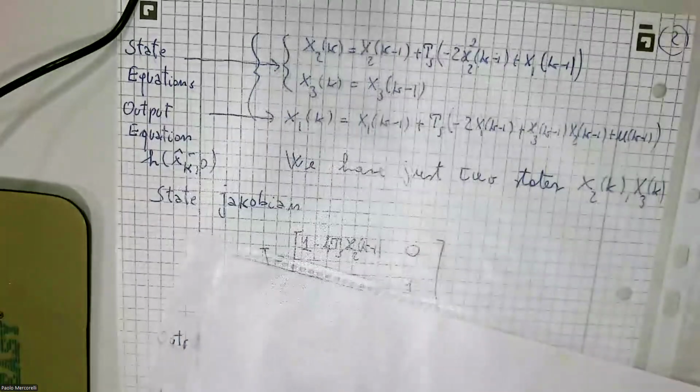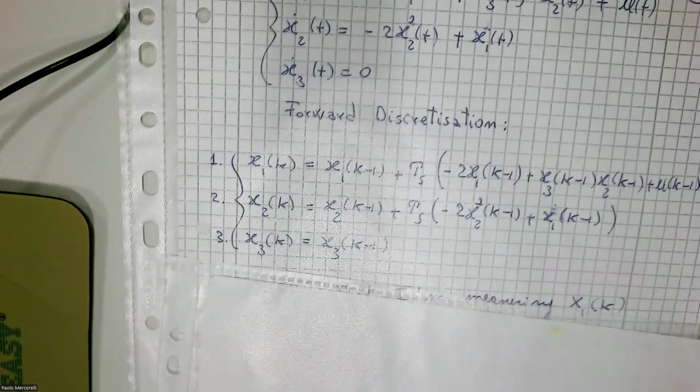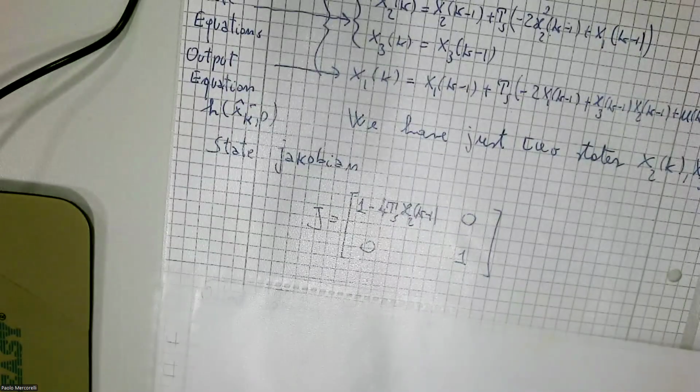I didn't check the observability here, but believe me, if you check the observability of this original system, you will realize that the system is observable. This means it doesn't matter in which form I represent it; at least in this case, we will not lose the observability.